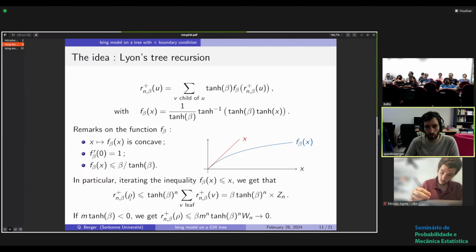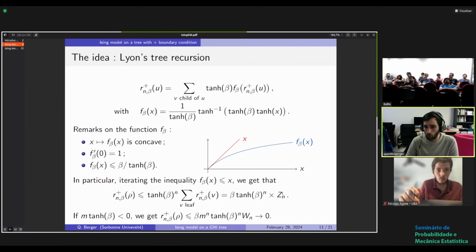So you have that the log likelihood ratio of the root is bounded by this term to the power n times Zn, and Zn is the total number of children of a Galton-Watson process.